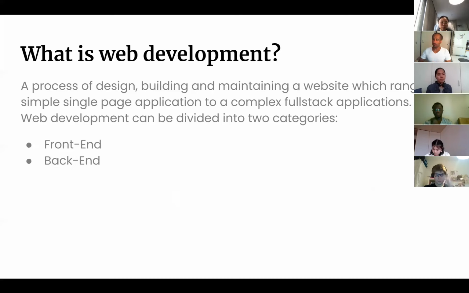So in front-end development, whenever we develop a website, the part that the users interact with, touch and see, we call the front end. Anything you can click, anything you can see, anything you can touch is the front-end part.